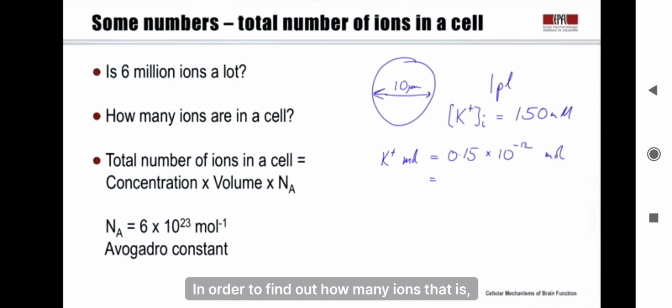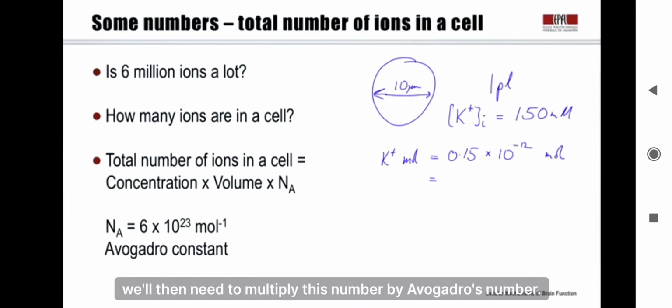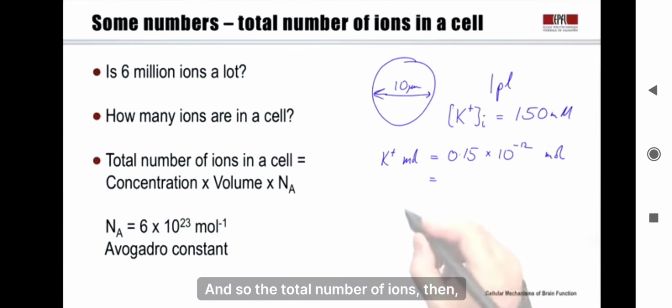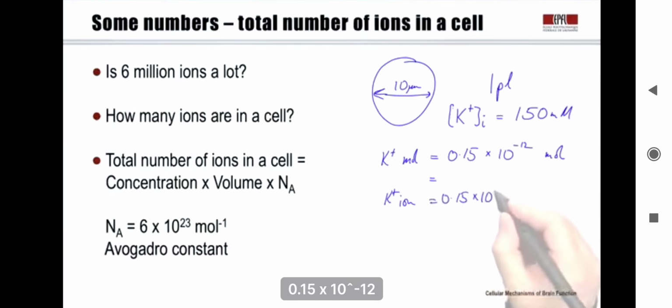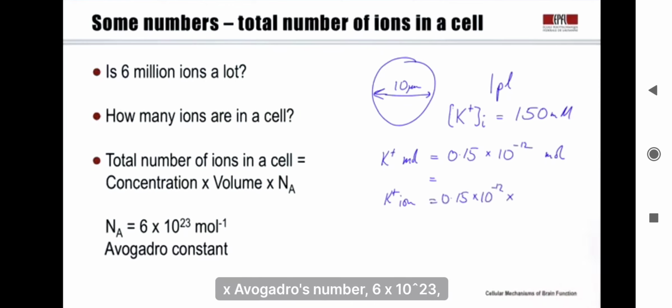In order to find out how many ions that is, we then need to multiply this number by Avogadro's number. And so the total number of ions is equal to the above number, 0.15 times 10 to the minus 12, times Avogadro's number, 6 times 10 to the power of 23.